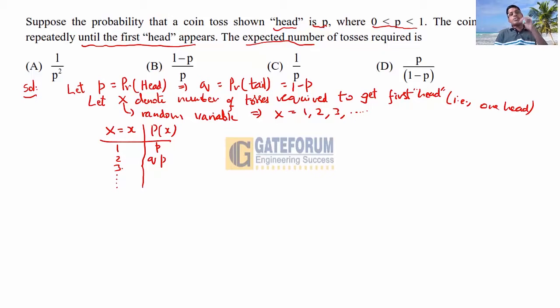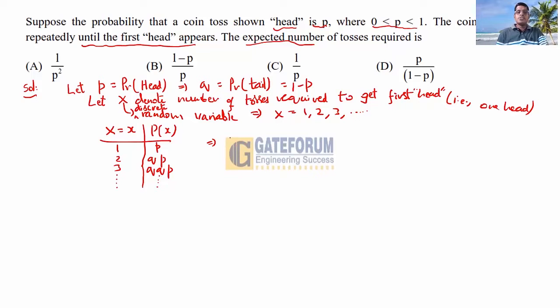What is probability of X is equal to 3? Q, Q, P. That is probability of getting tail in the first toss, tail in the second toss, getting first time head in the third toss, etc. Where it gets, we don't know. So X is discrete random variable.